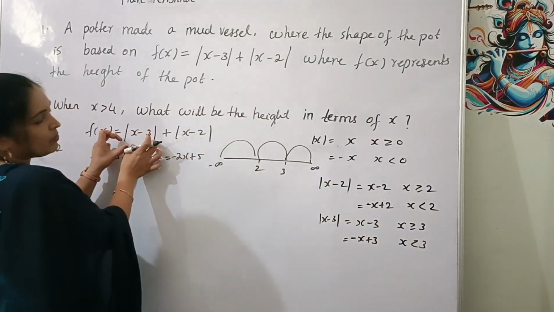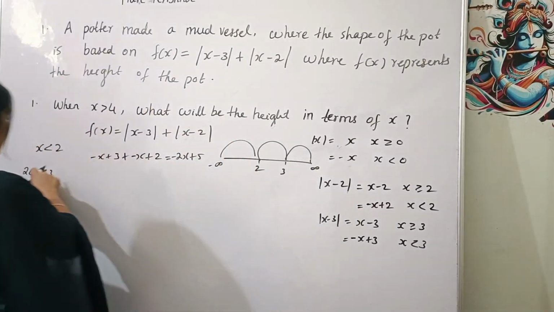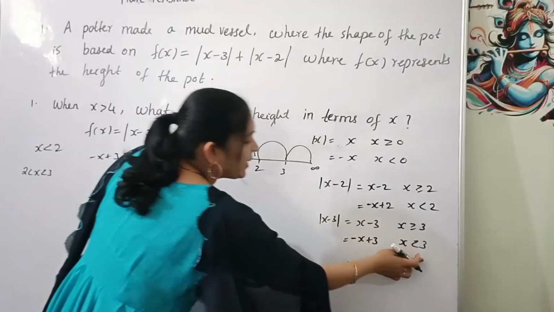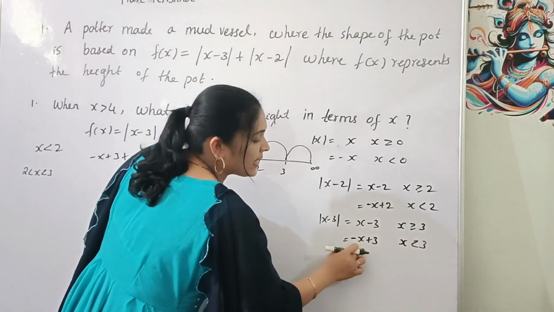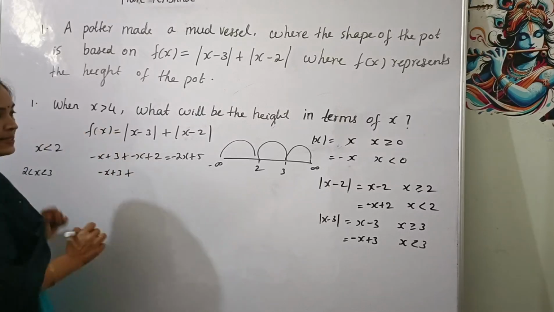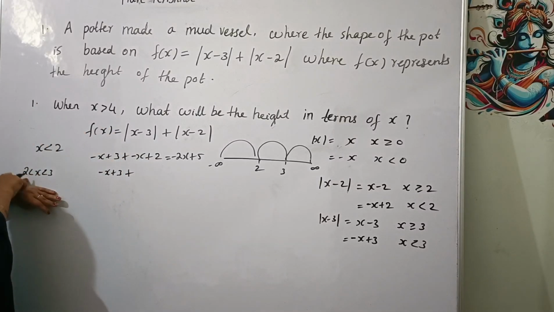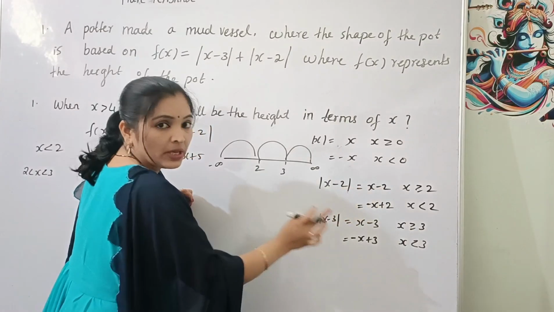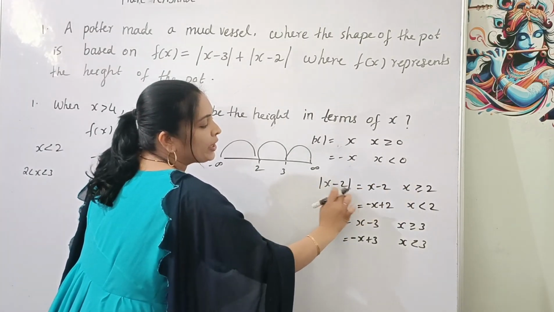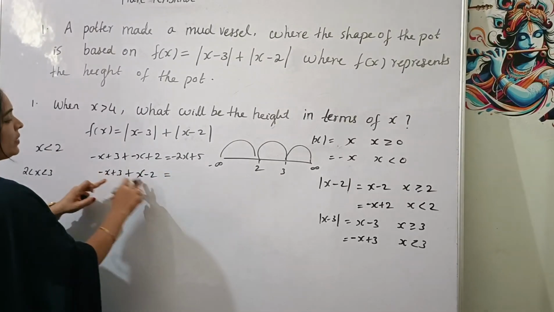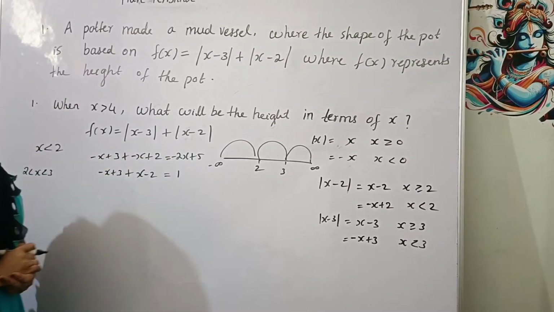First we need |x - 3|. Here, x is less than 3, so |x - 3| is minus x plus 3. Plus, next, when x is greater than 2, |x - 2| is x - 2. That is equal to 1.